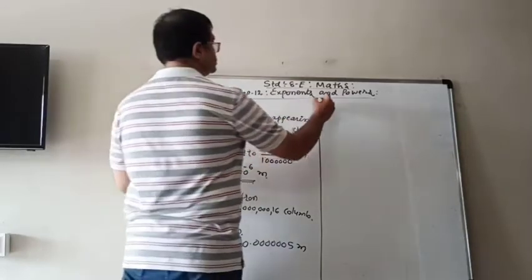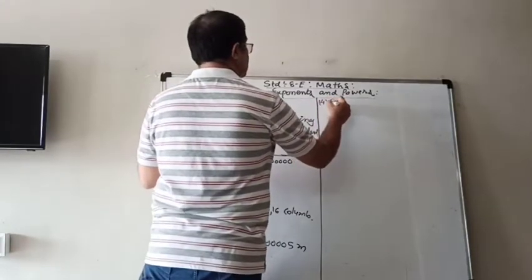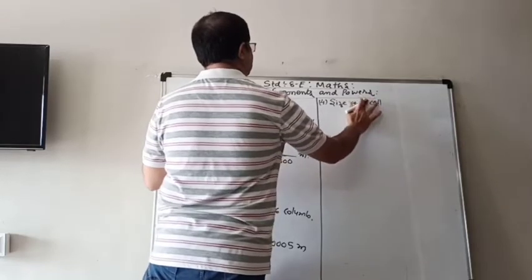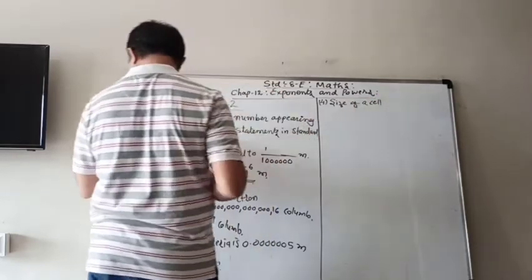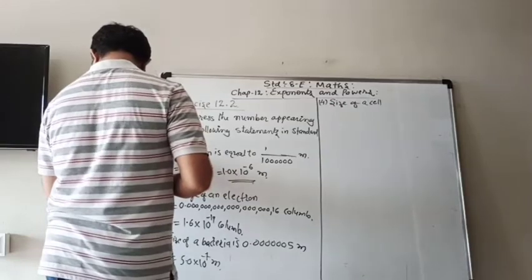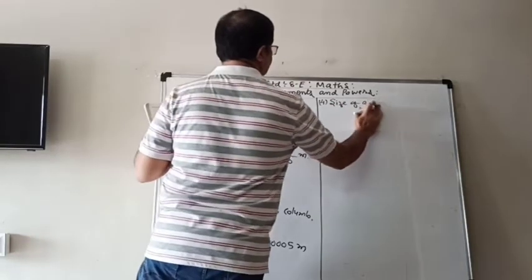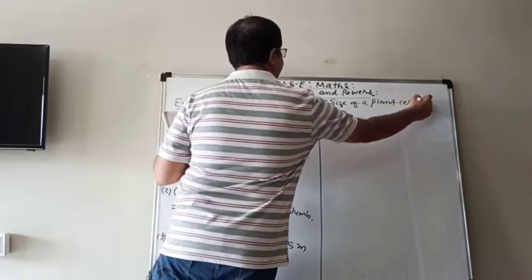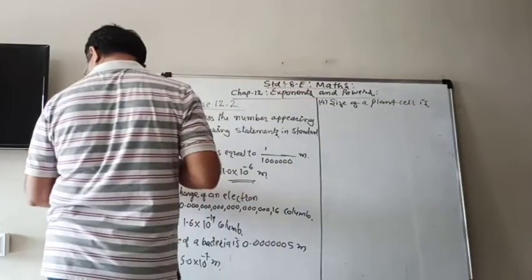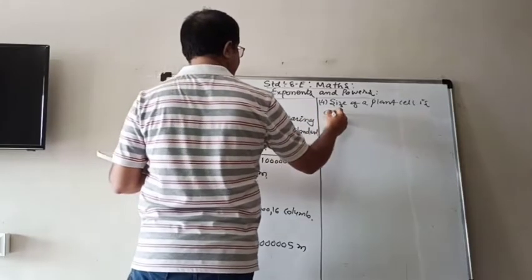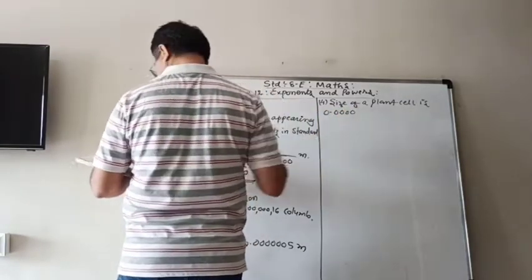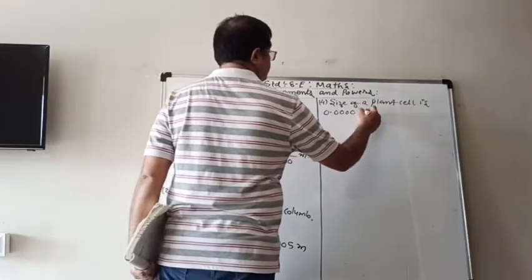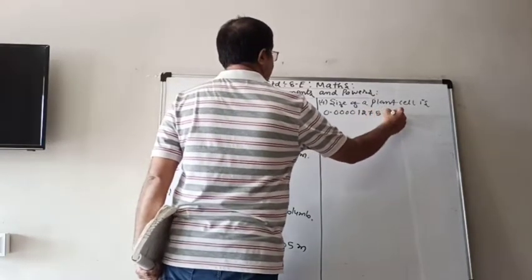Fourth one. Size of a plant cell is 0.00001275 meter.